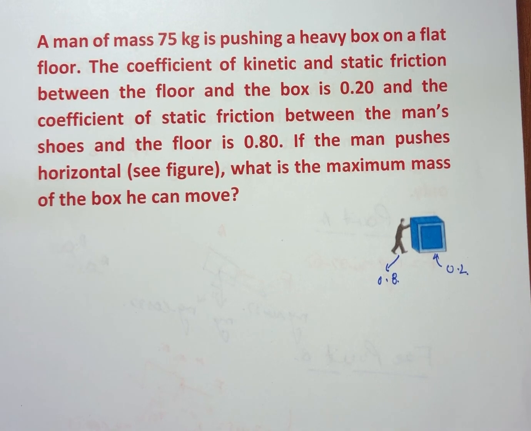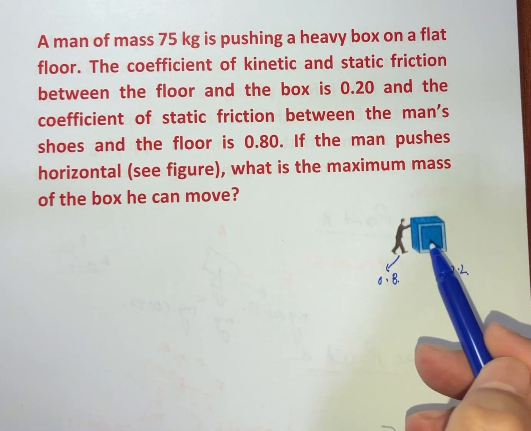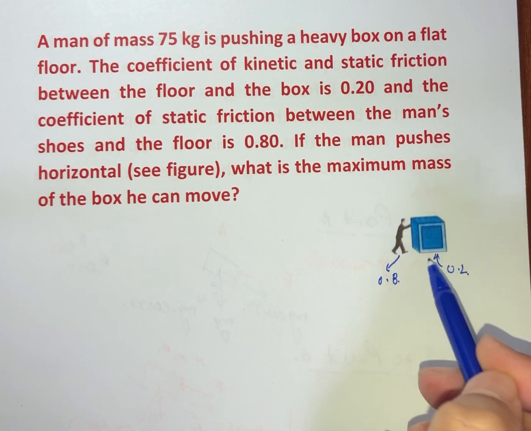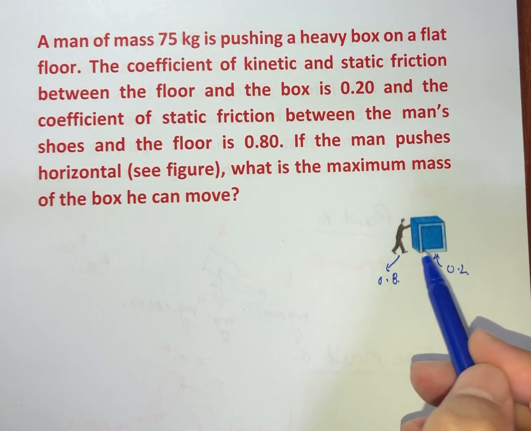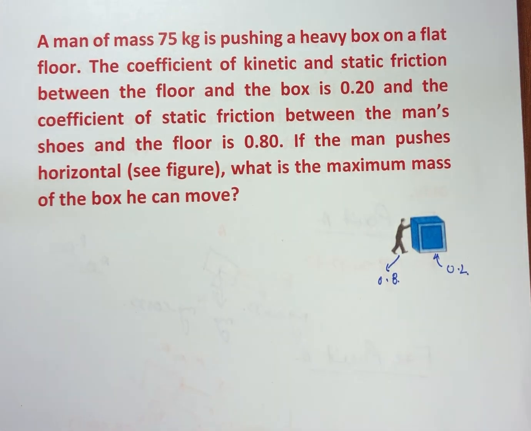So first of all, let's consider the box. We can clearly see that the box is only going to move when it is able to overcome the frictional force, or the applied force is greater than the frictional force.